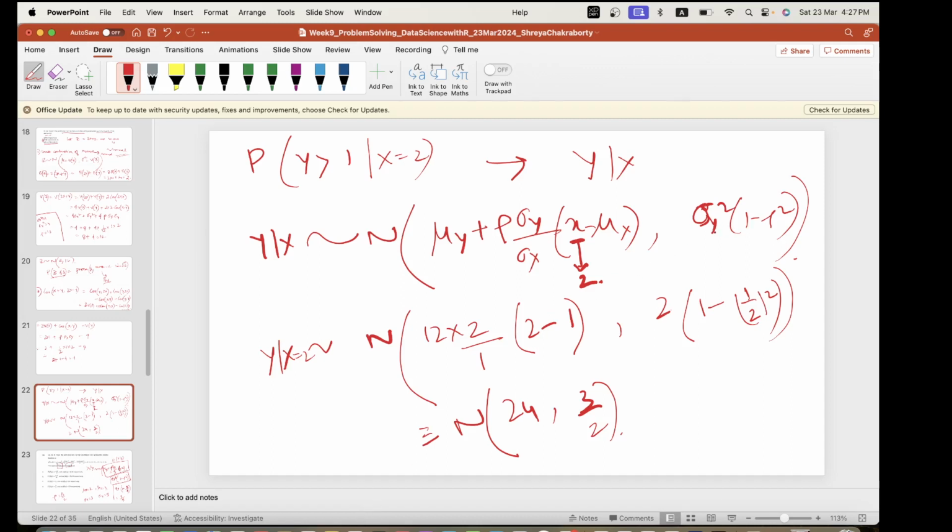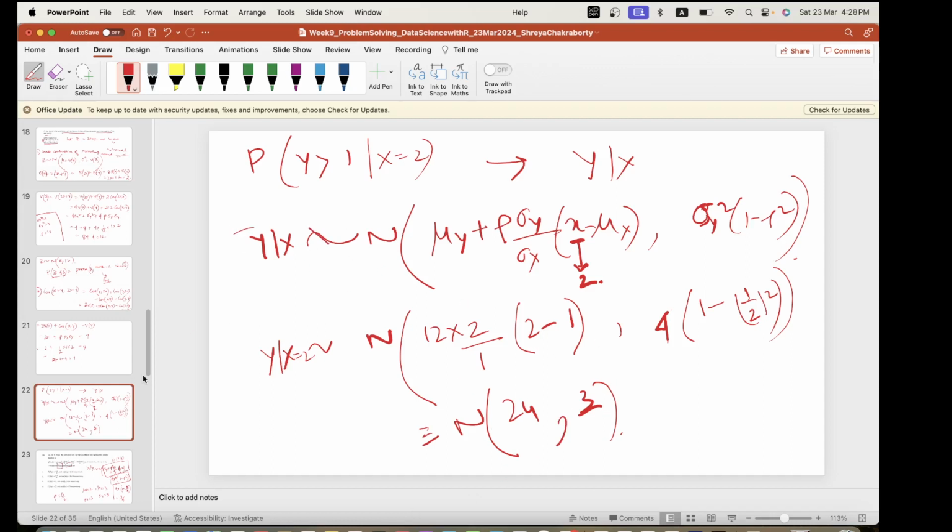Sorry, this would be sigma y square, right? So this is 4 into 1 minus, so 4 into 3 by 4, this would be 3. Okay, so y given x would follow a normal with variance 3.